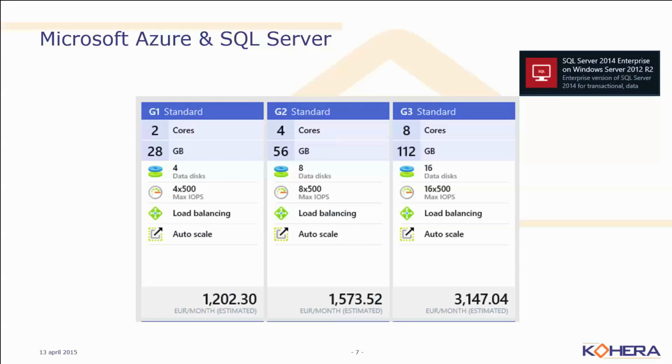Hence why there is a difference between the pricing on this page and this page. You see, it actually says G1, the same machine. It's the same machine definition. The only difference here is that you also pay the license for SQL Server. So in this case, you pay about 900 euros more per month for maintaining your SQL Server license.